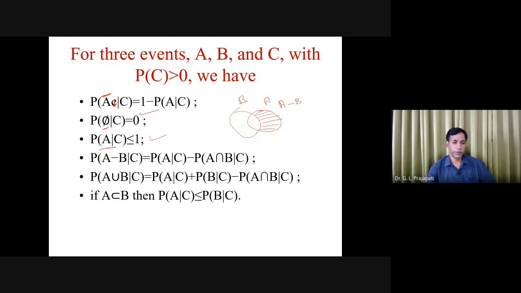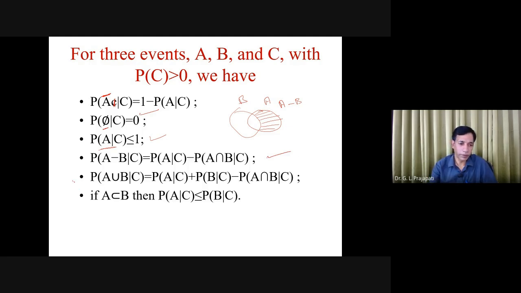Now the probability of A minus B given C is the probability of A given C minus the probability of A intersection B given C, just like in the formula.